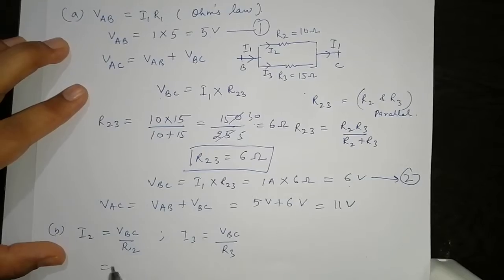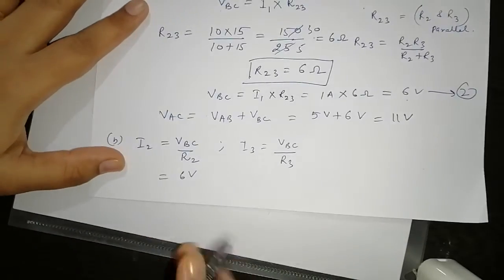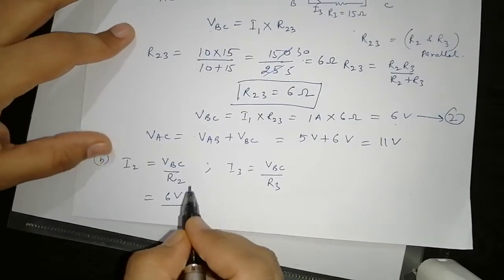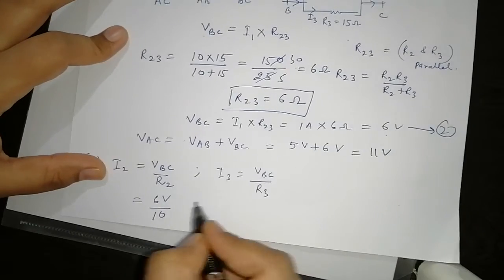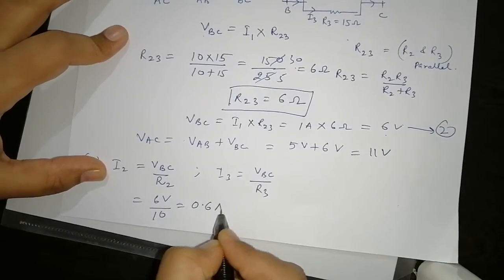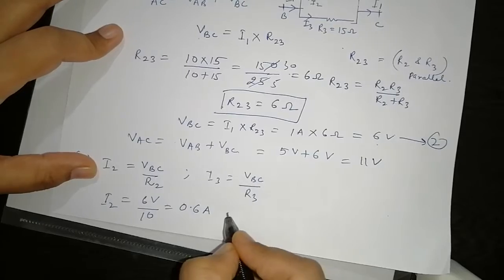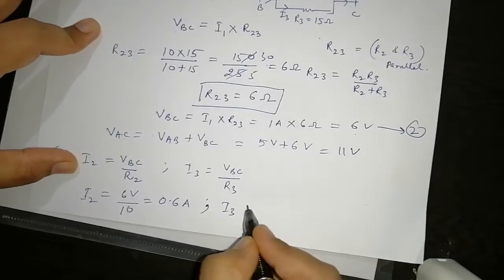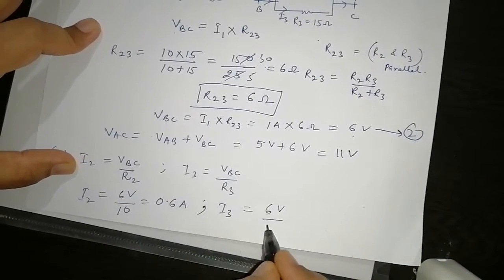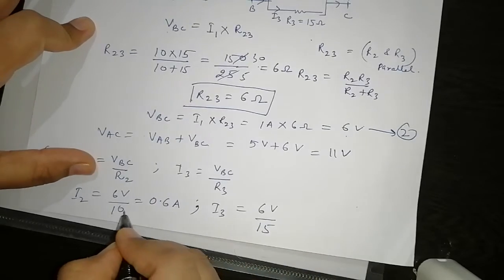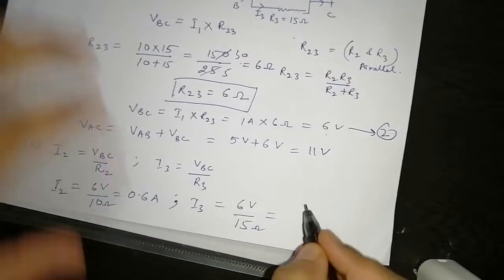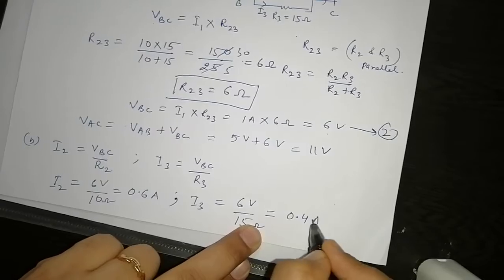VBC we have calculated as 6 volt. So 6 volt divided by R2, which is 10 ohm, is 0.6 ampere, I2. And I3 will be 6 volt divided by 15, which comes out to be 0.4 ampere.